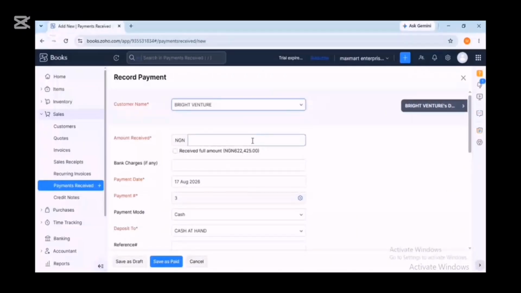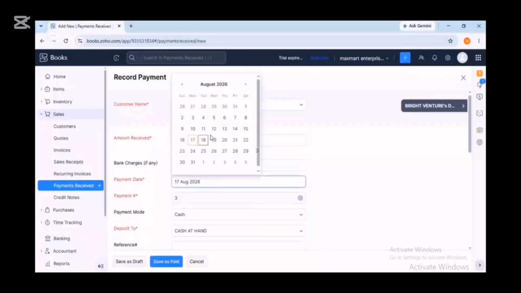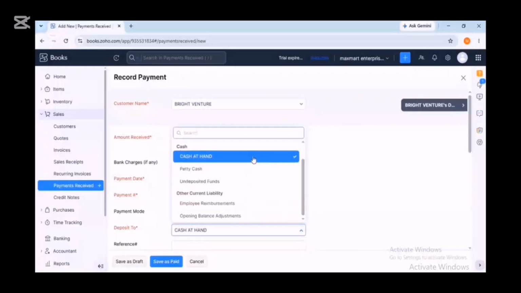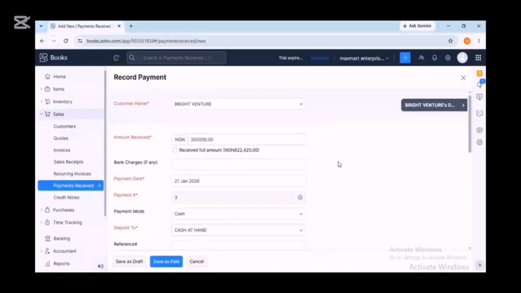We enter the amount Bright paid on the payment received interface. That's why I had to select payment received. Then yes, the amount is there. The date he made the payment, let's backdate. 21st January. Yes. So let's select where he paid through. Access Bank, that's right.